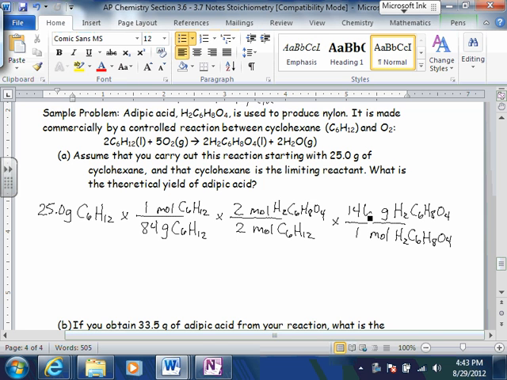Alright, so when we figure all this out, we should get 43.5 grams of the adipic acid. Okay, that's our theoretical yield. That's how much we should be able to get if everything was 100% and everything went perfect.